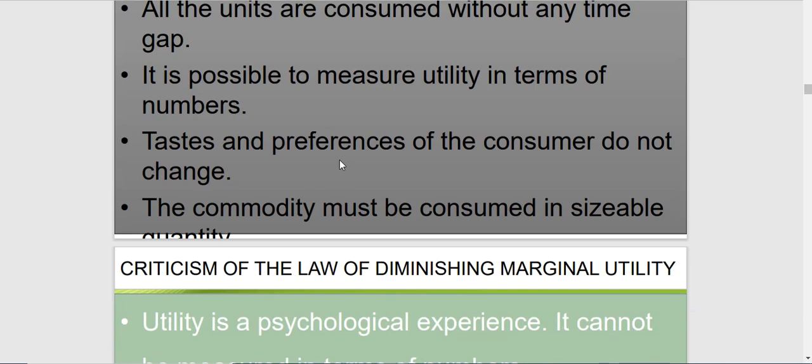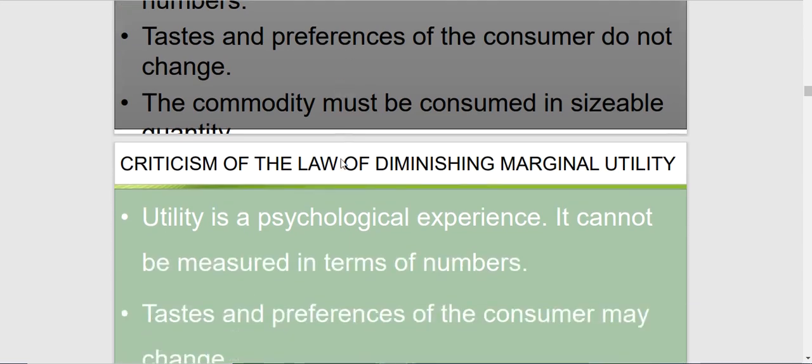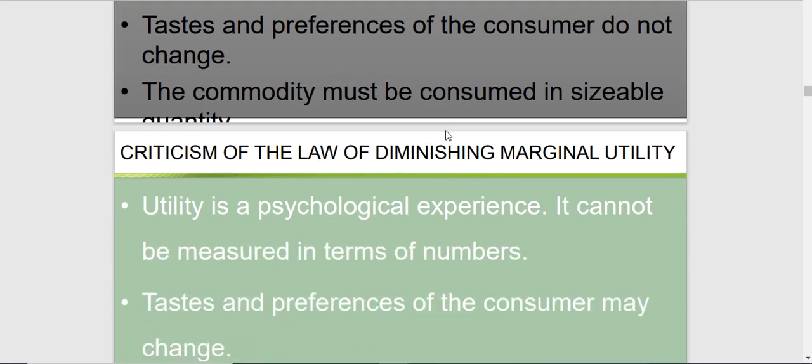He sticks to the same product and consumes the same product in varying units at the same point of time. Only then will this law be applicable. The commodity must also be consumed in sizable quantities. So you have the same unit; if it is an apple, it should be of the same size and the same commodity. Only then is this law applicable.